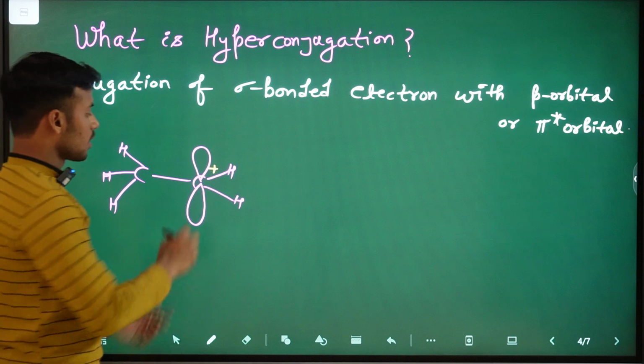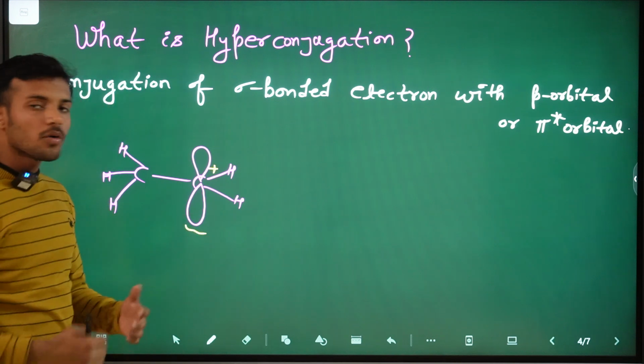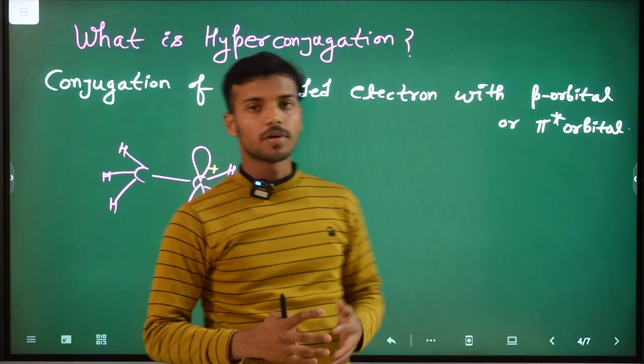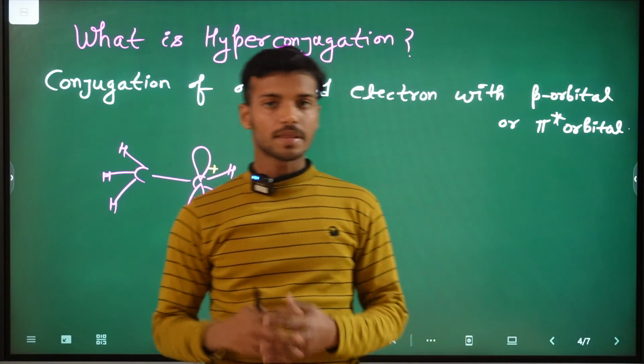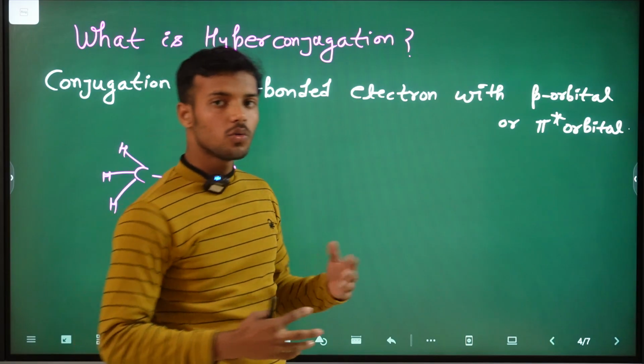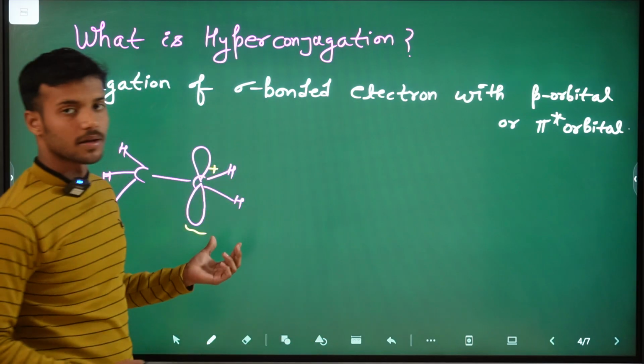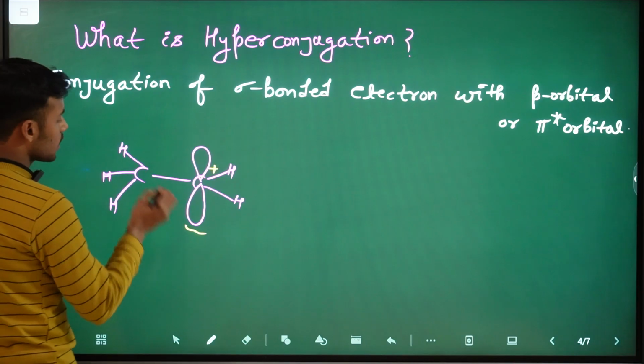This is an empty p orbital. A carbocation is an electron deficient species, so it needs electron density to gain stability. So what will it do?